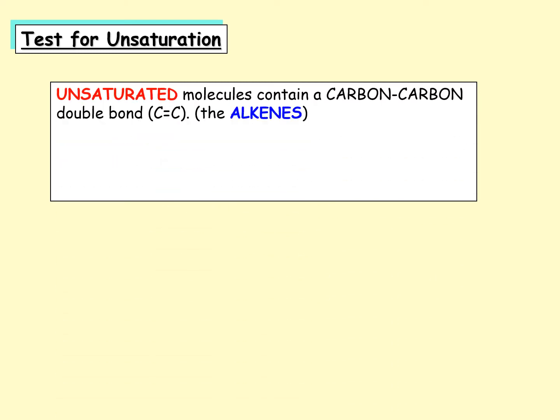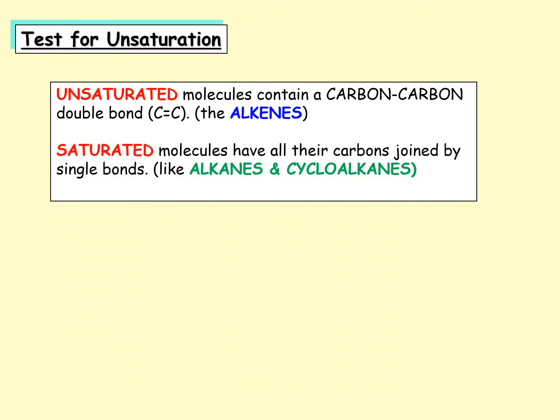So let's move on to the test for unsaturation. Unsaturated molecules contain carbon-to-carbon double bonds, for example, the alkenes. Saturated molecules have all of their carbons already joined by single bonds. So unsaturated molecules have space to add something to them, and saturated molecules are full, which means you can't add anything else to them.